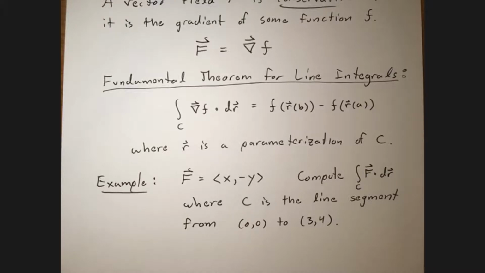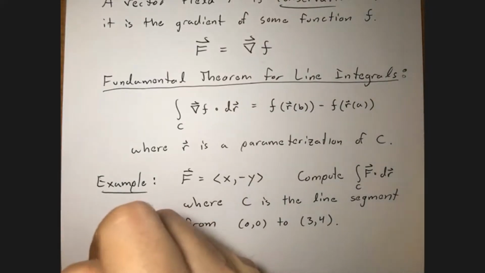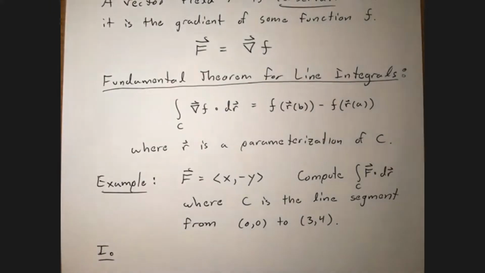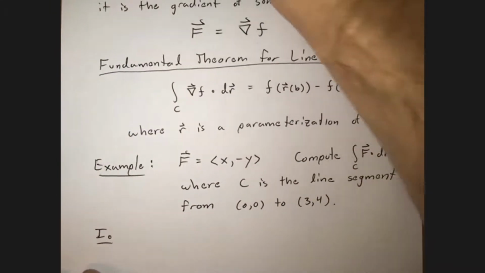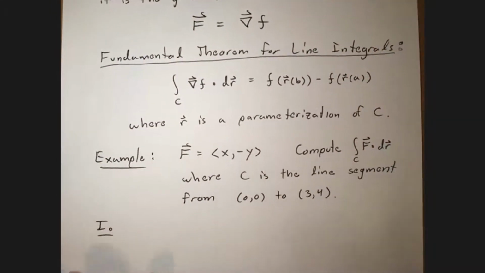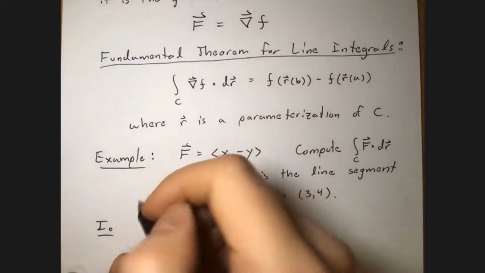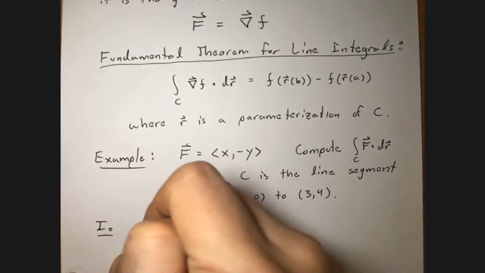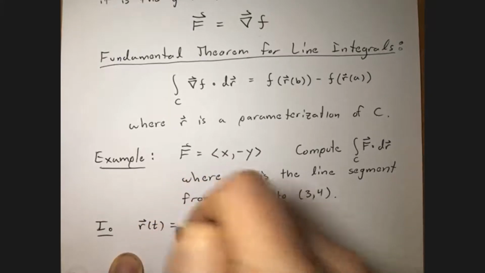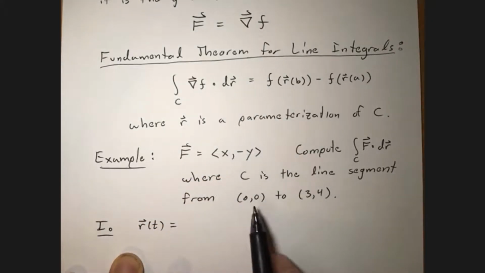Okay, let me show you how we would do it before we knew about the fundamental theorem for line integrals. So approach 1, what we're going to do is parameterize this curve. Right? So let's define r of t to be, we need to parameterize this line segment.